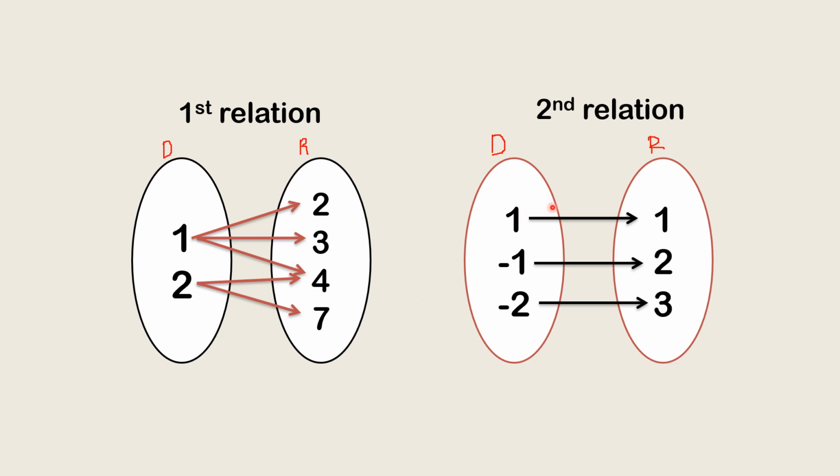And 1, 2, 3 sa range naman. Now, according to this relation, second relation, that 1 is only related to one element of R, and that is 1. Okay? And -1 is connected to another element of R, which is 2. -1 related kay positive 2. Tapos, sabi dito, yung pinaka-last would be -2, related daw siya kay positive 3.